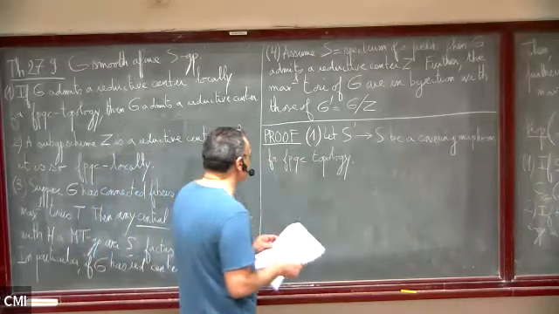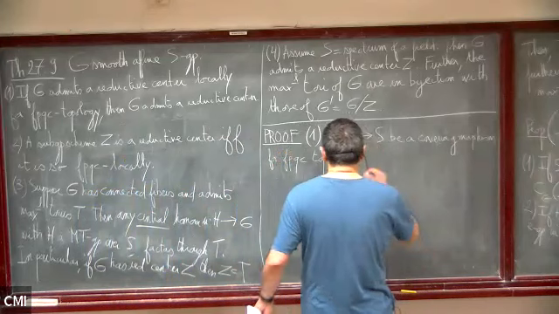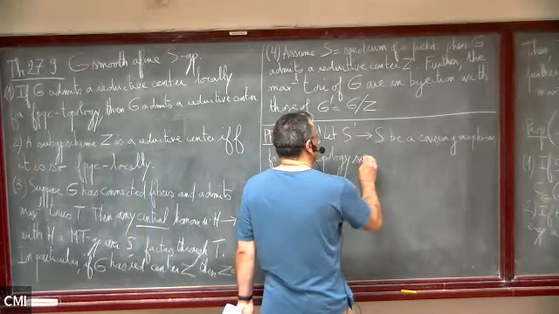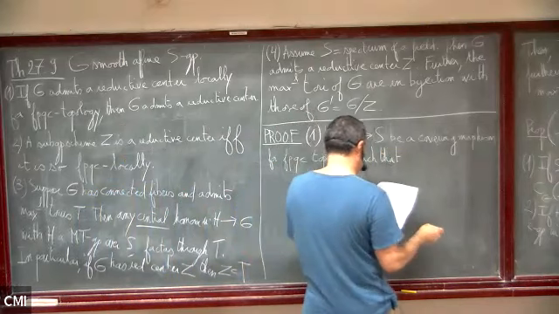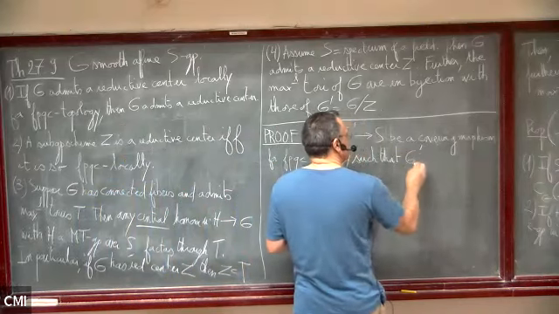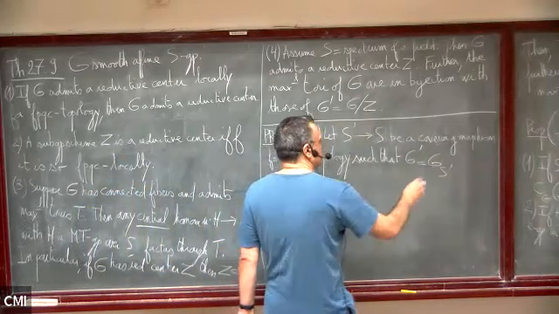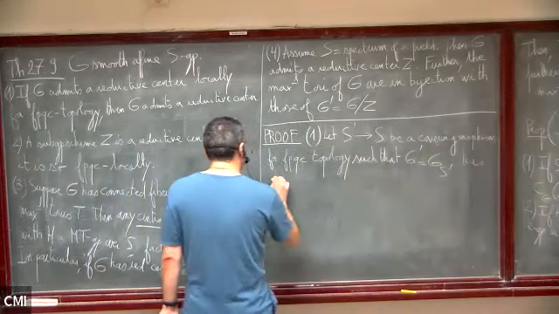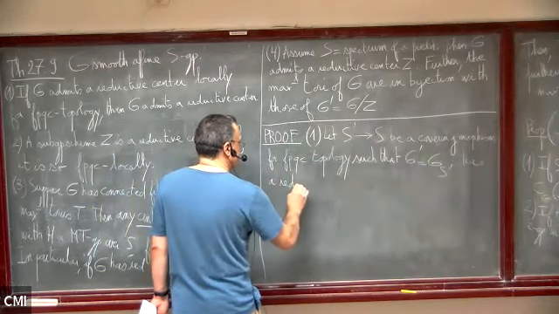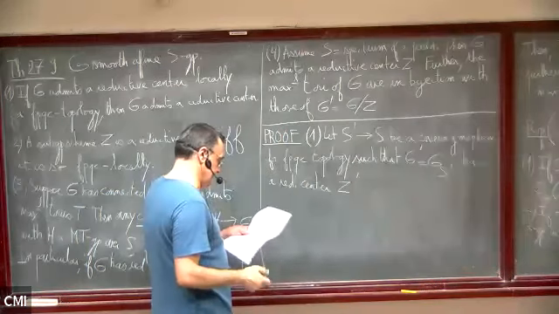And we assume that G prime, which is the base change of G, has a reductive center. Let's call it Z prime.